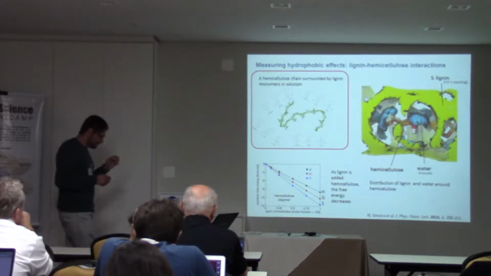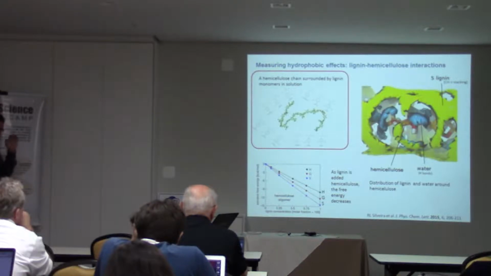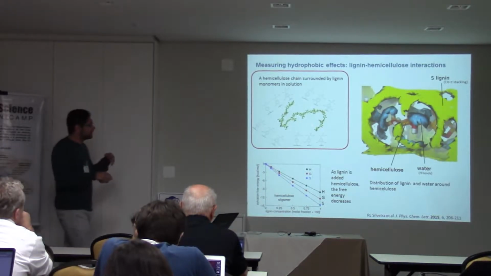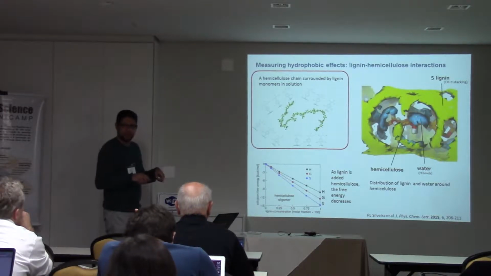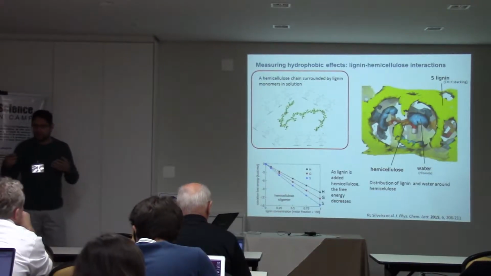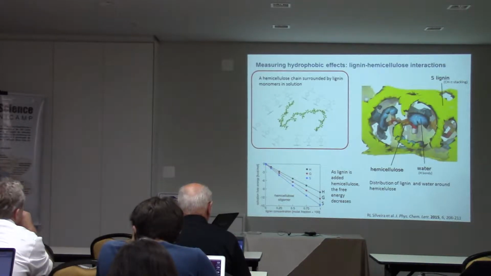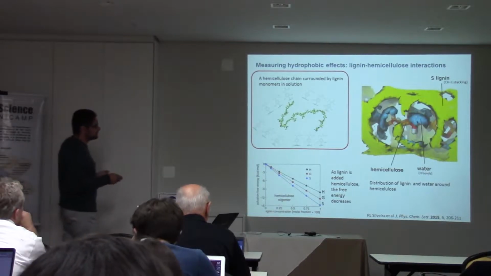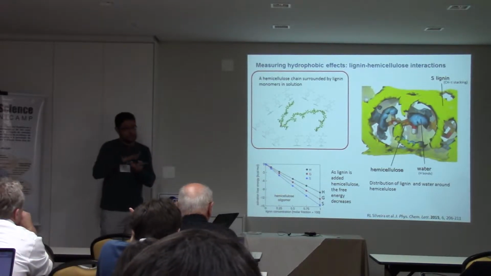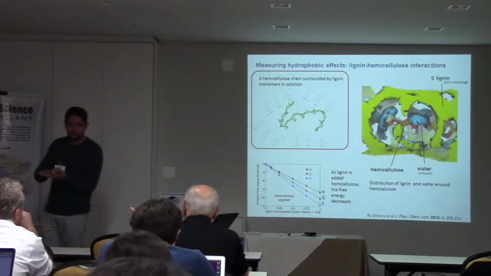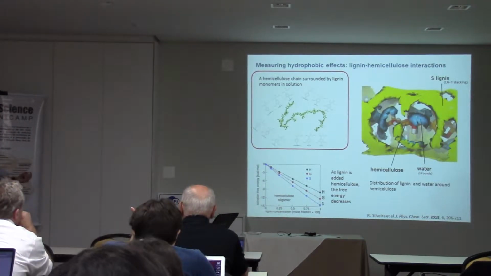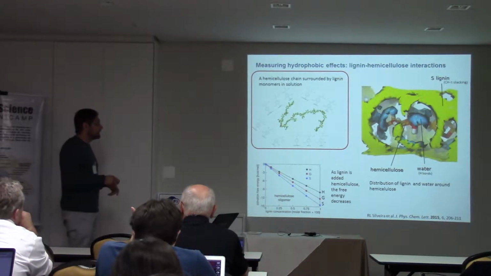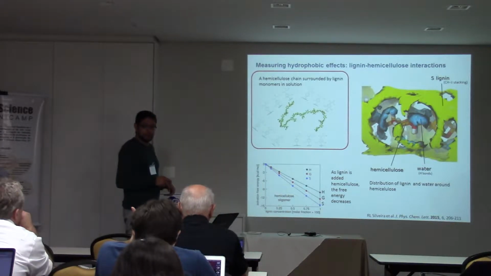So what is happening here is that when you have just water, it interacts with the hydrogen bonding sites, the hydroxyls, but water also interacts with the hydrophobic faces of the hemicellulose. When you add lignin, it starts interacting with the hydrophobic face of the hemicellulose and expels water to interact stronger with the hydrophilic part of the hemicellulose.